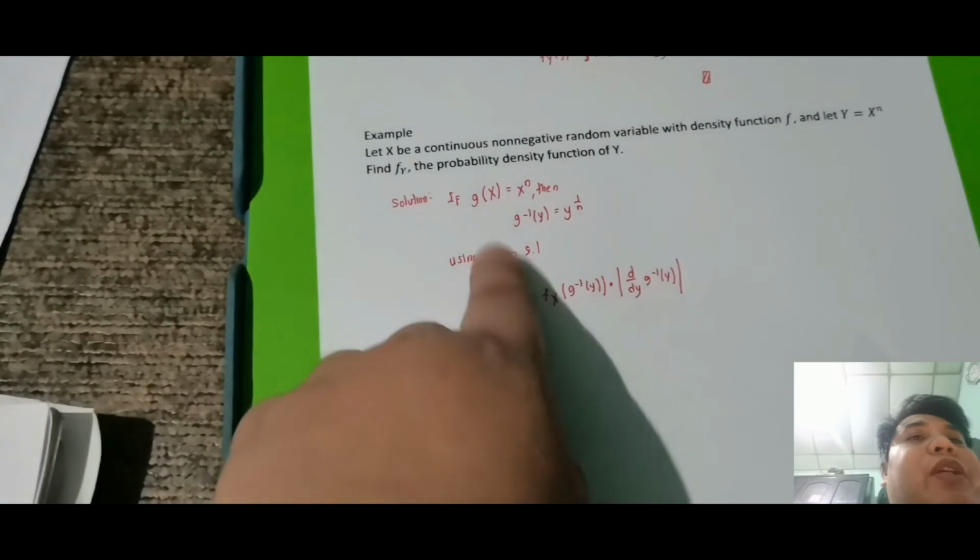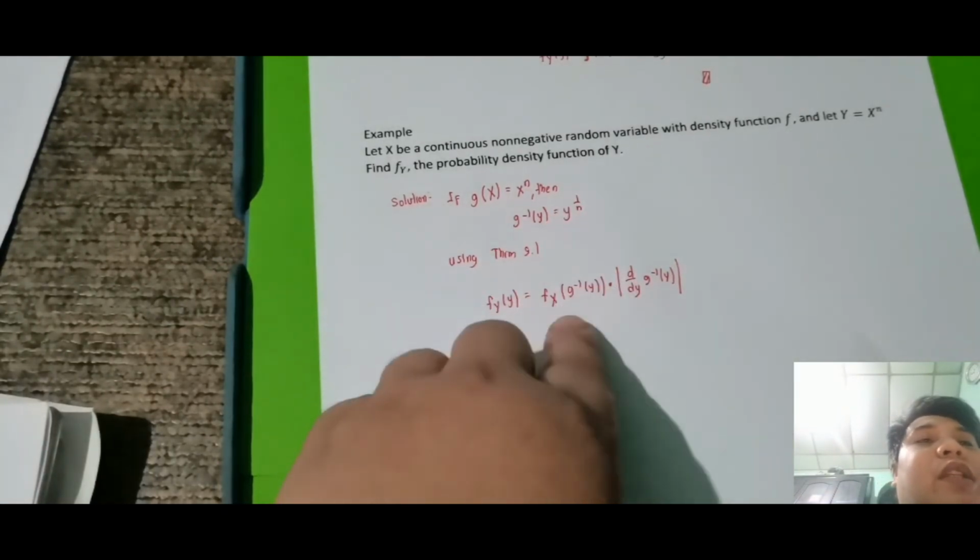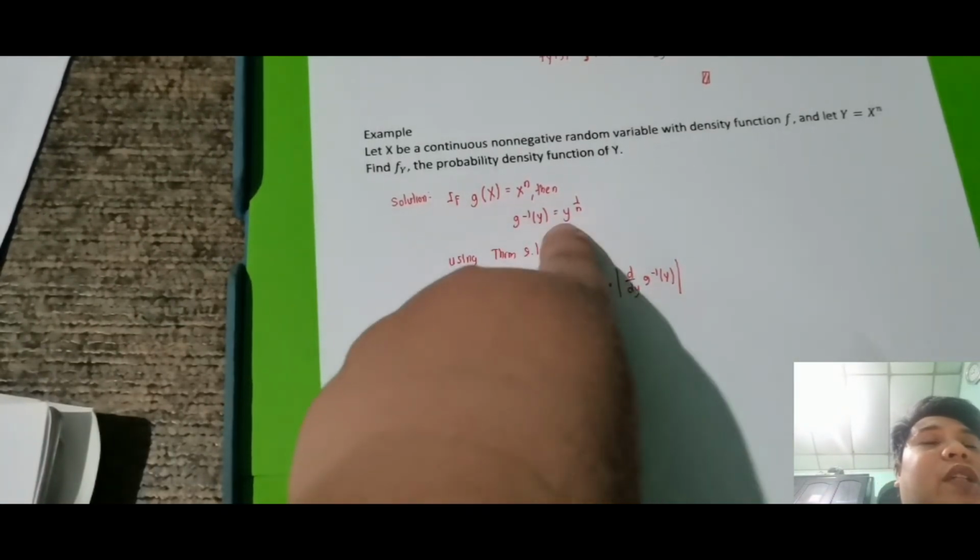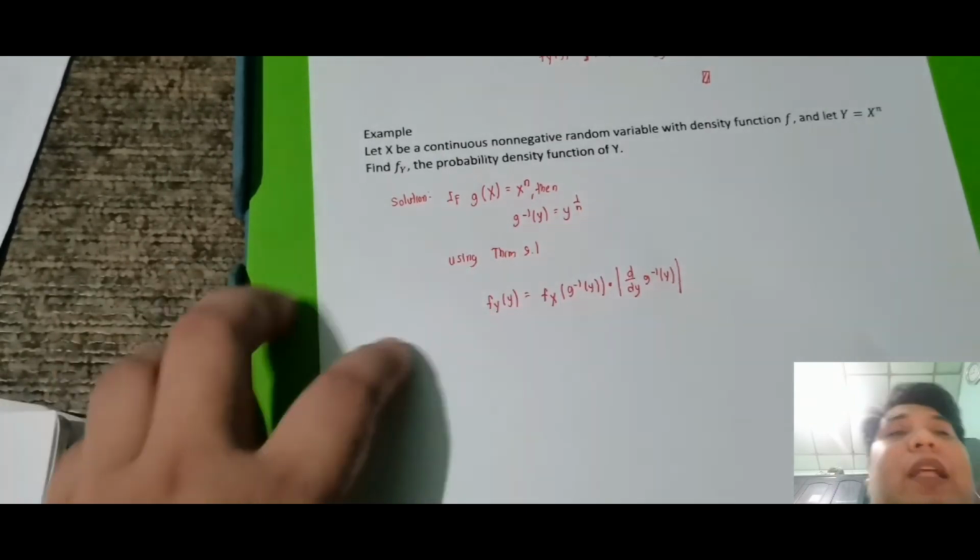Okay, so given g inverse of y, this is y raised to n, and the g inverse of y is y raised to 1 over n. So we just replace all of that.